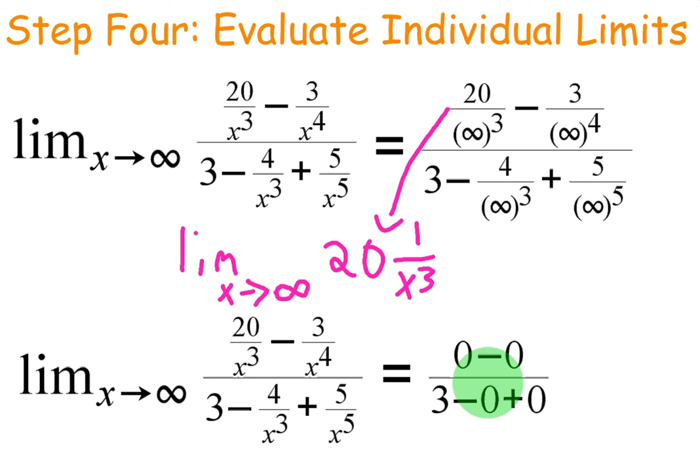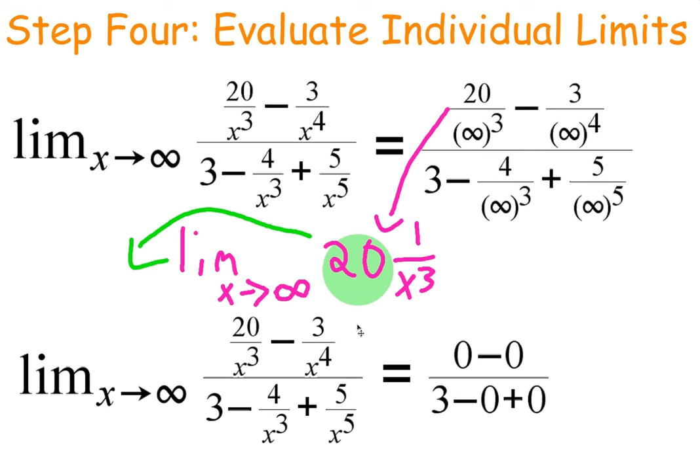Before I end, I just wanted to go back and explain this one more time, because I felt I needed to show at least one more step for one of these. When you have a constant over x to the n, for example, this would be x cubed, so n would be 3. You can imagine this as pulling the 20 out and writing it as 20 times 1 over x cubed, and then pulling that 20 outside of the limit.